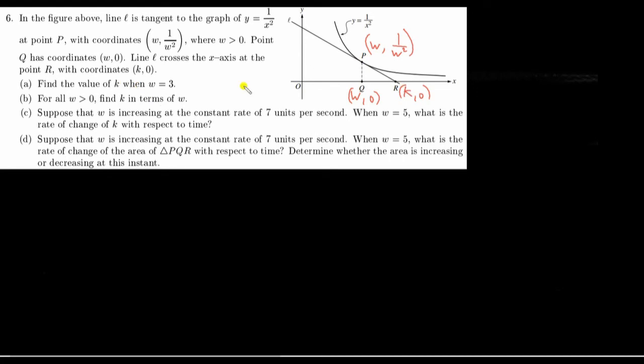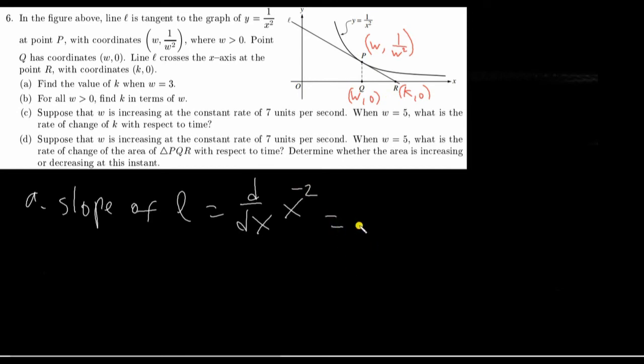And since k is very closely associated with line L, a good strategy might be finding the equation of line L, right? So to find the equation of line L, first we're probably going to find the slope of line L. So a good starting step would be the slope of the line L. And since L is the tangent line to this graph at w, we'll take the derivative of y equals x to the negative 2, which comes out to be negative 2 over x cubed.